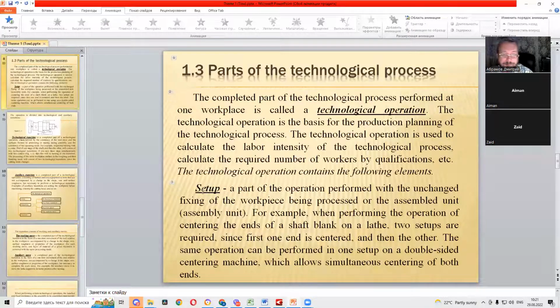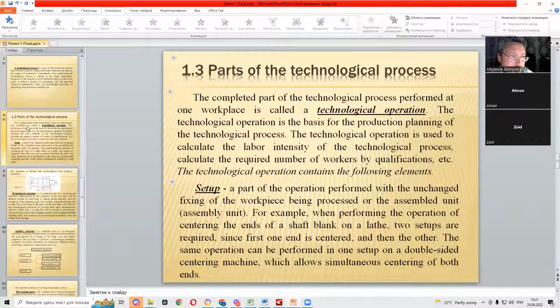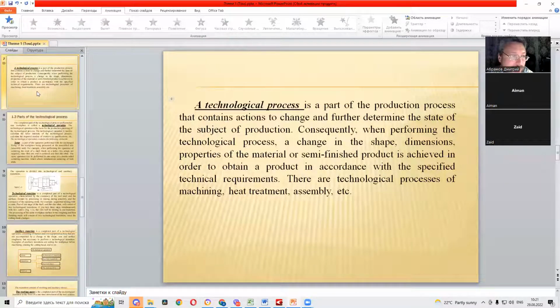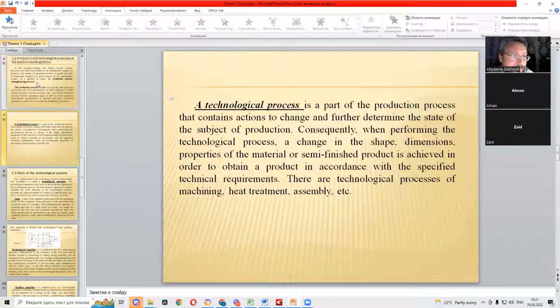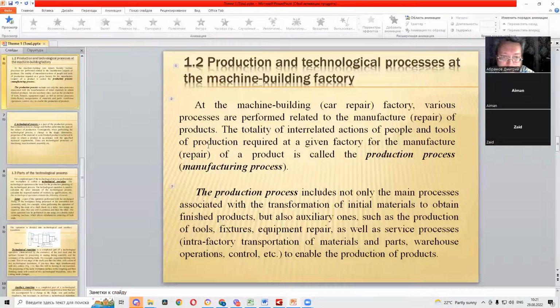And another video about technological process and production processes.